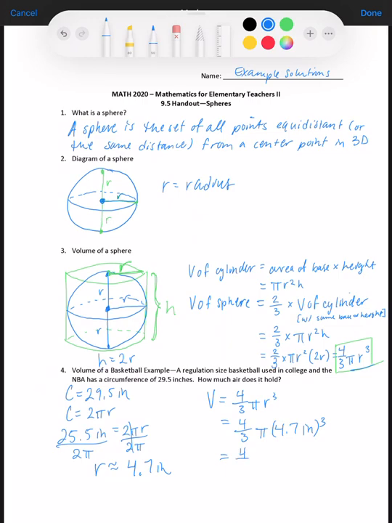Well, let's go ahead and write that down. So we're multiplying those 4.7s 3 times, or you can use the cubed on your calculator, like the caret power key. And then we times it by 3.14, times by 4, divided by 3. And when all that is said and done, we get about 435 inches cubed for volume.